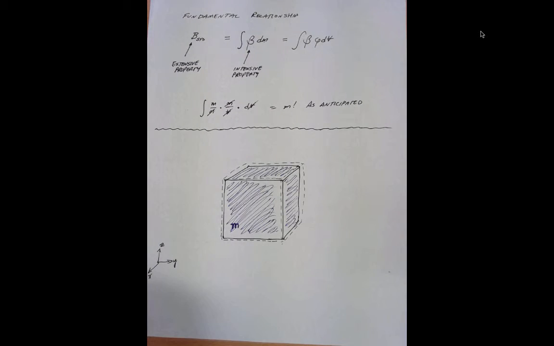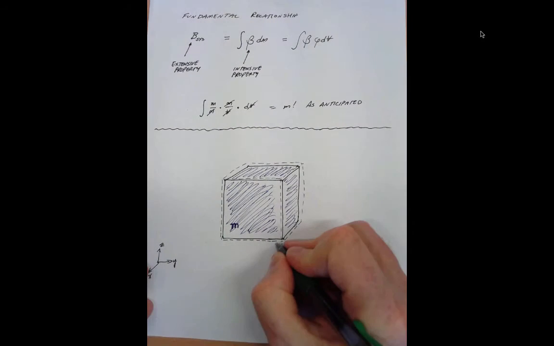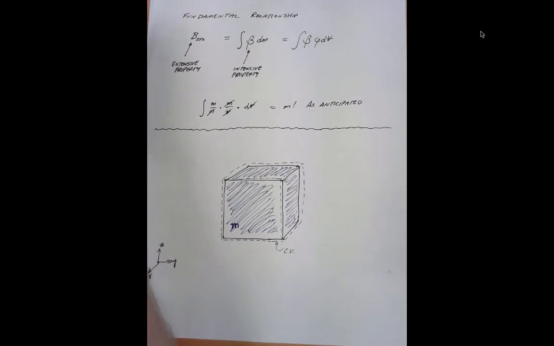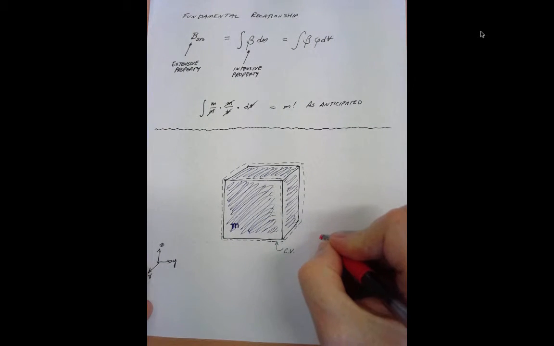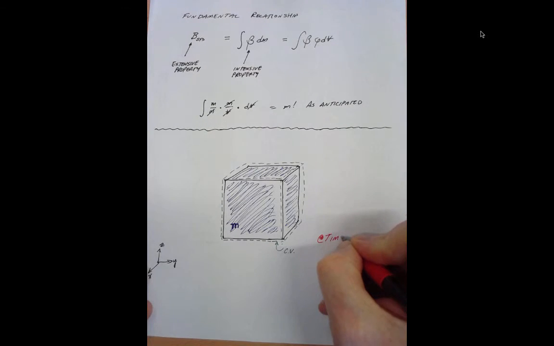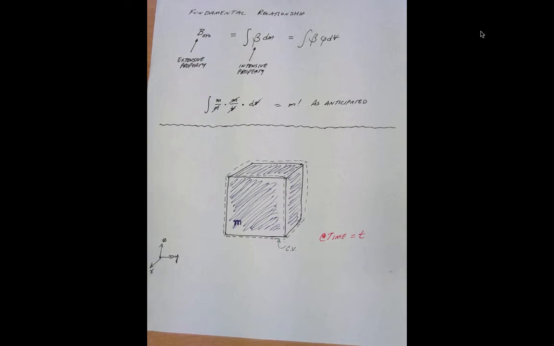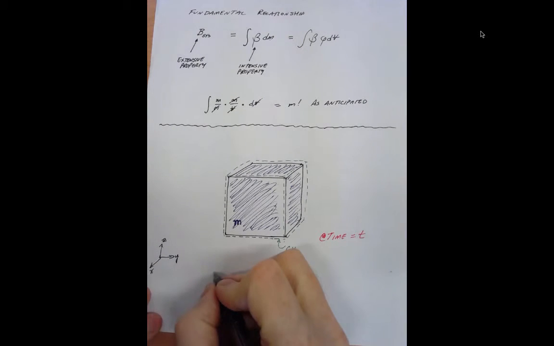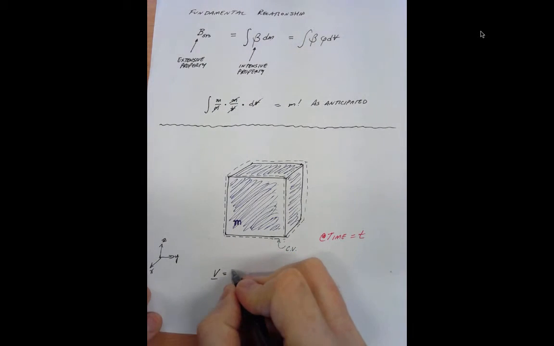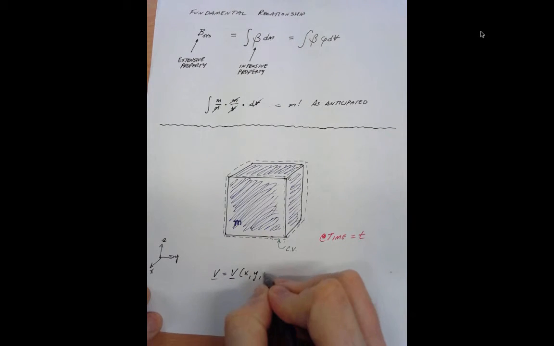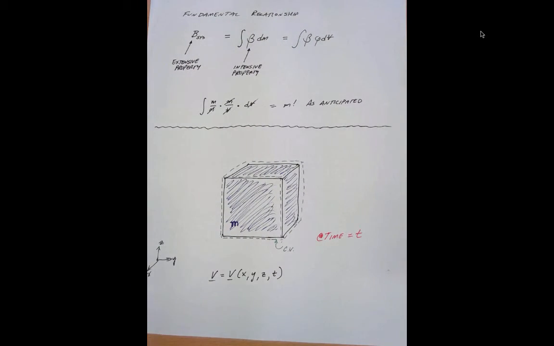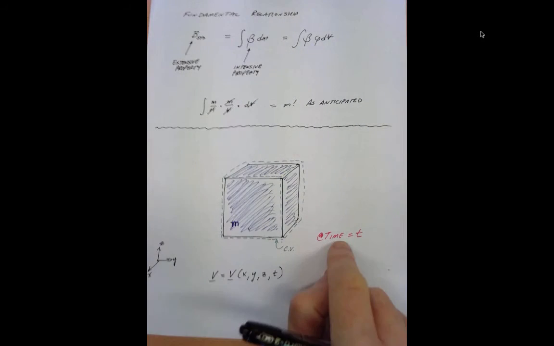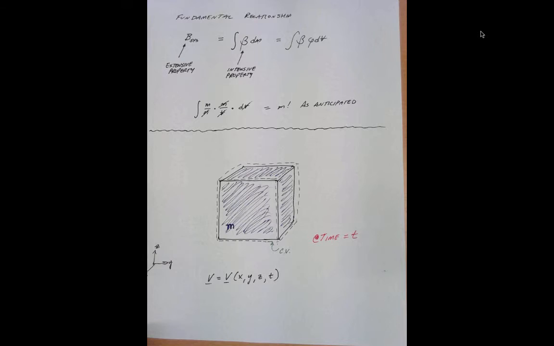Okay, so there's my control volume, and this is all at time equals some moment in time. We'll assume that this mass is moving in a velocity field, and that velocity field is defined as v is equal to v of x, y, z in time. And somehow presume that we know what it is. And at time t, at this moment in time, that mass is completely enclosed in the green volume.